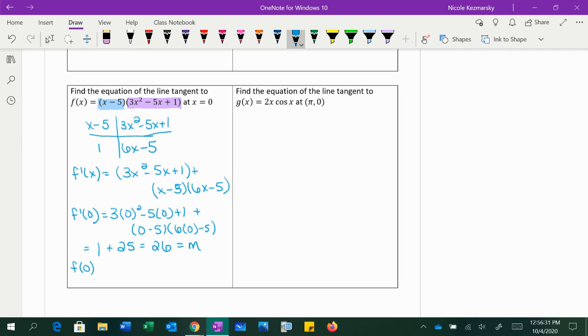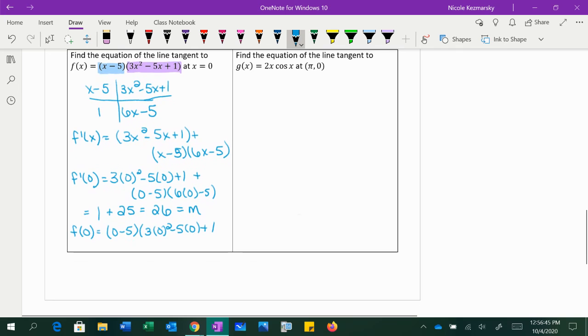So I'm going to find f of 0. And I'm going to do 0 minus 5, 3 times 0 squared minus 5 times 0 plus 1. That's going to give me negative 5 times 1, which is negative 5. So that's my y value.